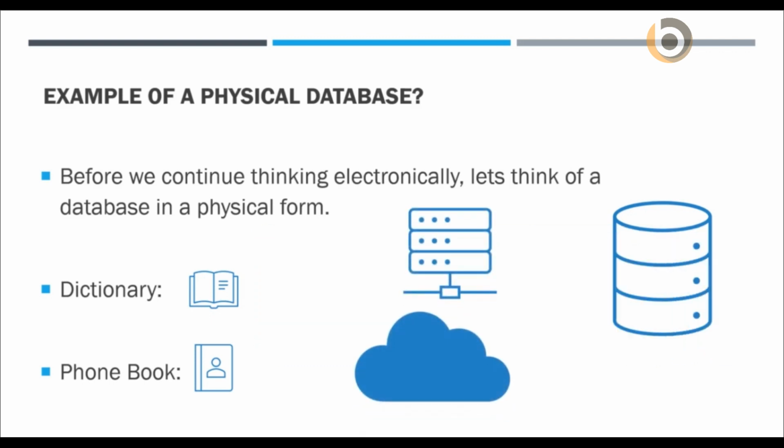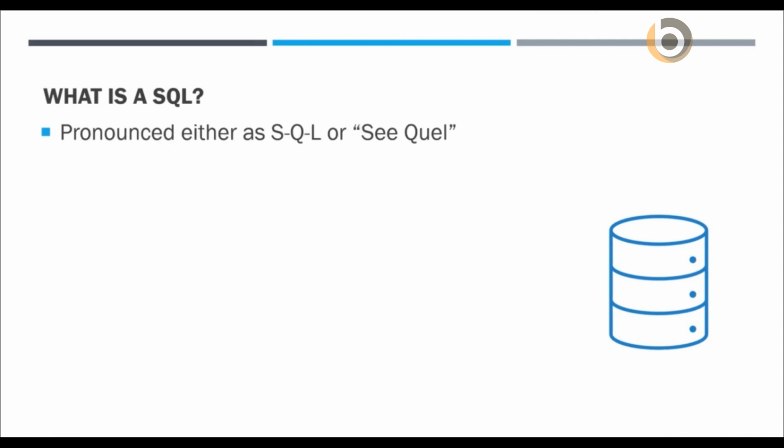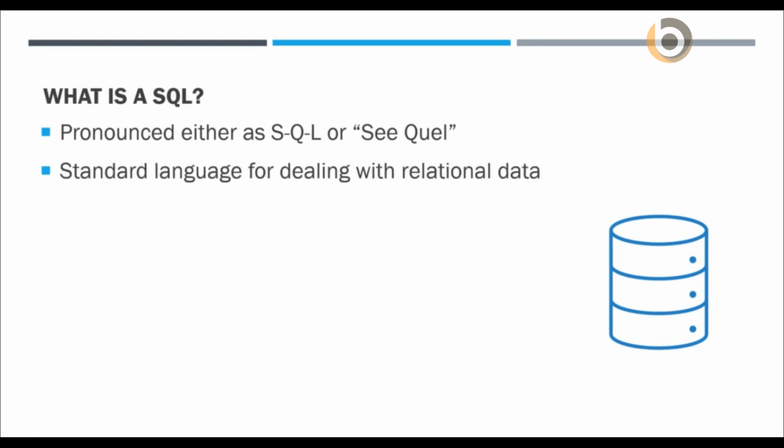After we have all this data in a relational database, how do we access this? Well, the way we can access this is using something called SQL, or sequel. What is SQL? Like I mentioned already, it can be pronounced either way. SQL is a standard language for dealing with relational databases.